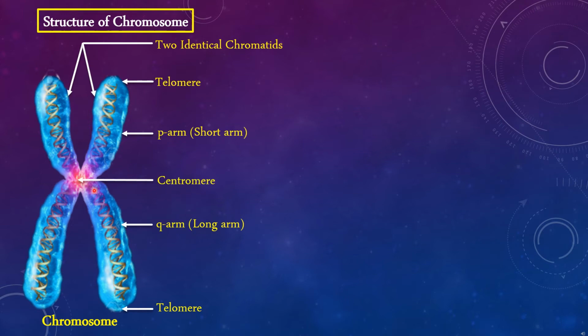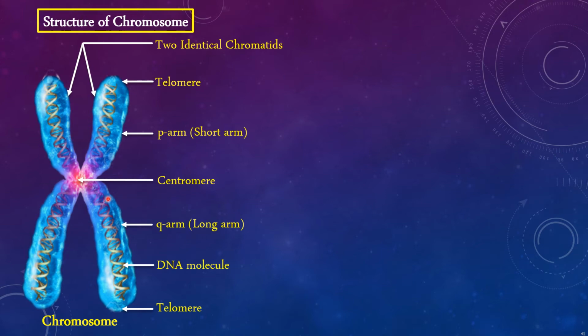Here it is the centromere, and we know a chromosome consists of a DNA molecule. It's a DNA molecule. A chromosome consists of a DNA molecule, but here you can see 2 DNA molecules. Why? This chromosome is at the time of cell division.